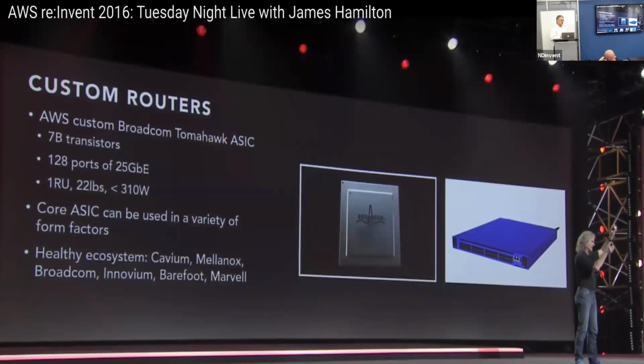The issue they ran into is that whenever they needed new functionality or to fix problems, it just took a long time to have that happen working with Cisco, because Cisco built their routers for hundreds of thousands of customers and built the code base for functionality that, in Amazon's case, they didn't need.